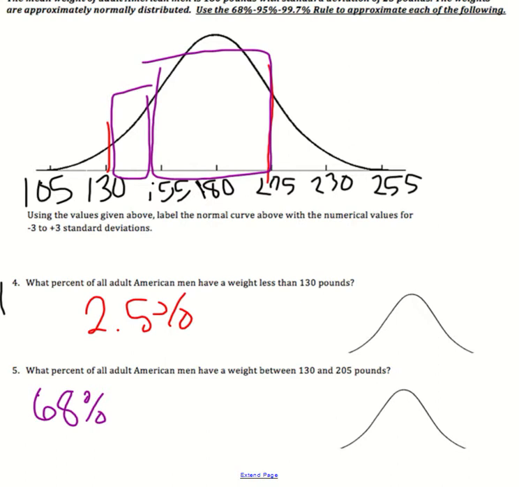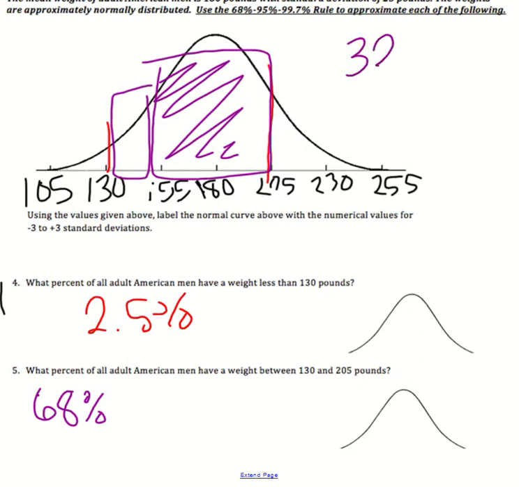Well, remember if this middle part right here was 68%, that means all the tails together are 32%. Half of that 32 is 16. So this chunk right here is 16, but we don't want all of that. We just want this 130 to 155 piece. So if we think about these tails, this tail part here, this tail part here, those are 5% of the data.